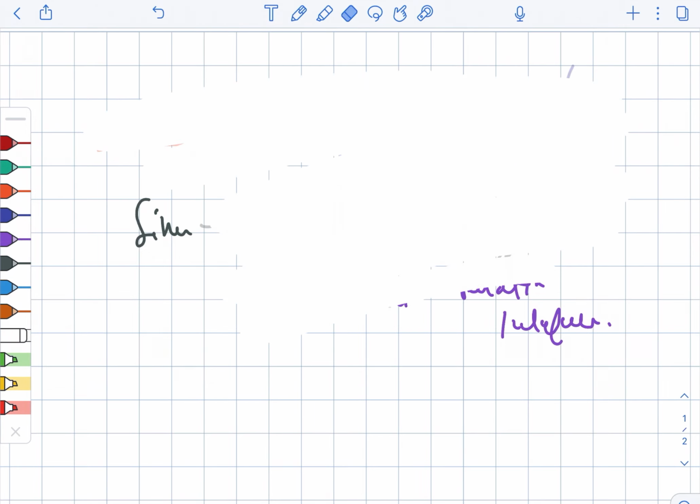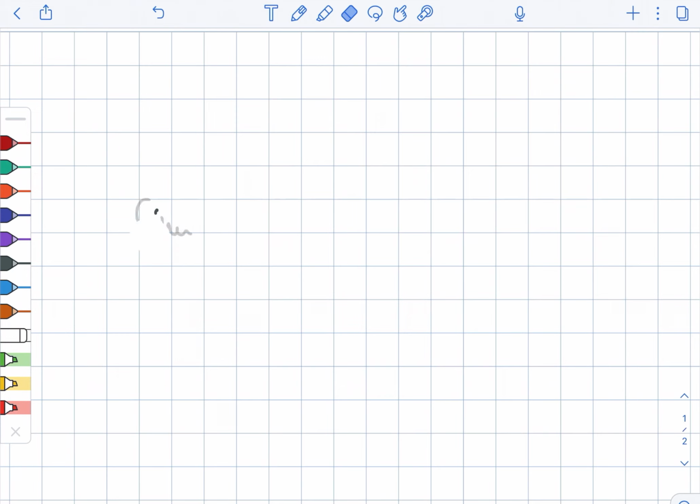Next, what we are looking at is mica-like scales.